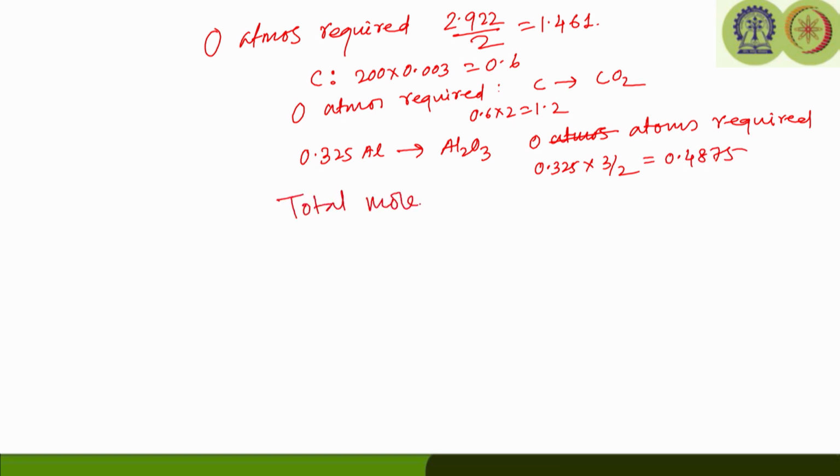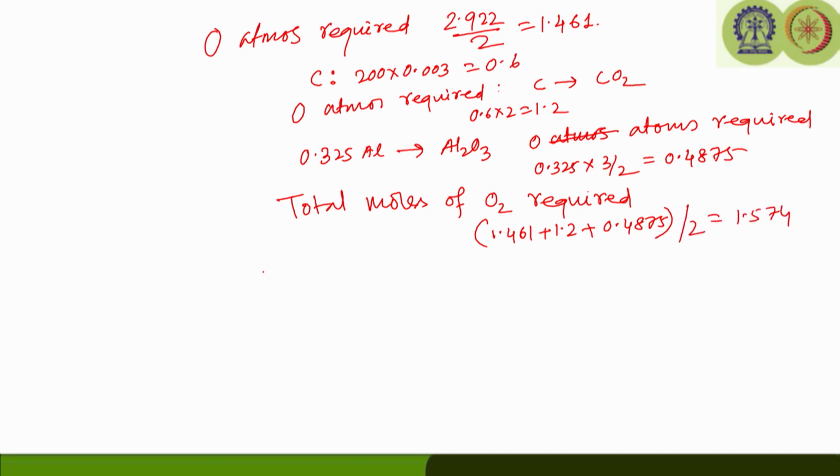So, the total moles of O2 required will be this, like 1.461 plus 1.2 plus 0.4875 divided by 2, that will becoming 1.745.